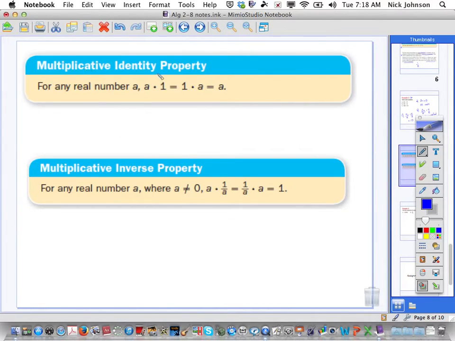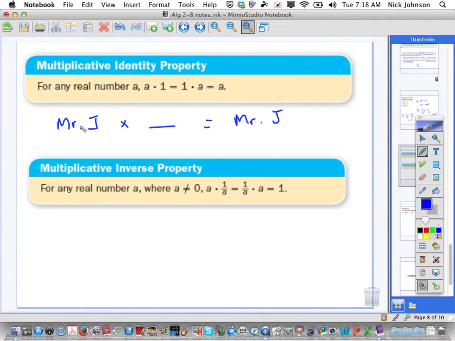The multiplicative identity property. All this is saying is, what can you multiply by something to get out the original thing? So, what can you multiply Mr. Johnson by to get out Mr. Johnson?